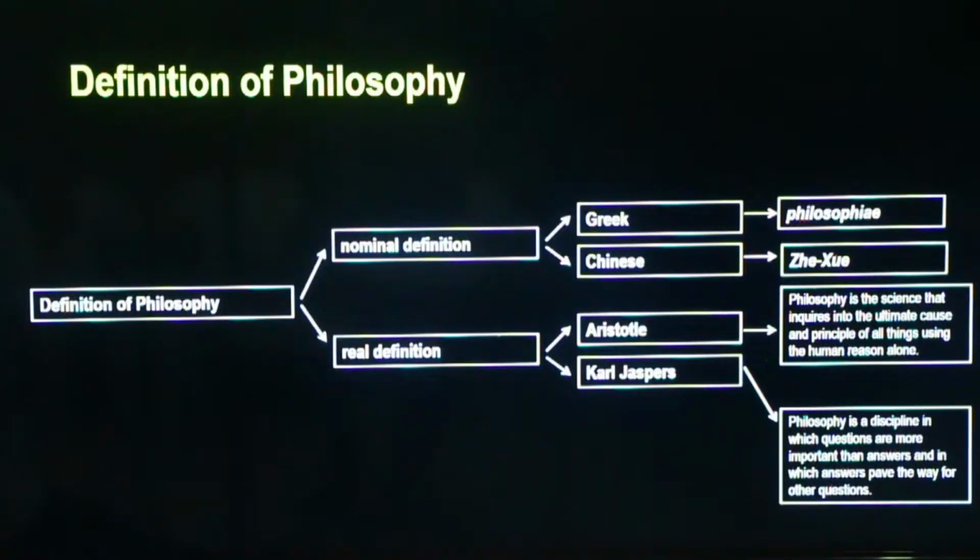So put together, philosophia means love of wisdom, or a philosopher is a lover of wisdom. Now there are two key concepts here that we need to understand, namely, what is love and what is wisdom.